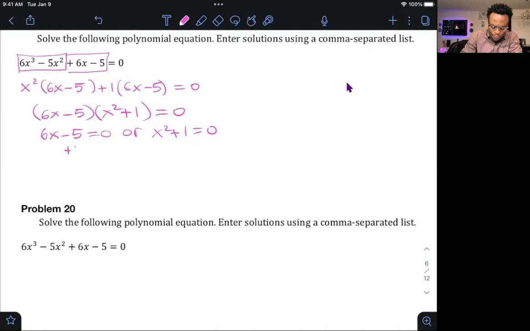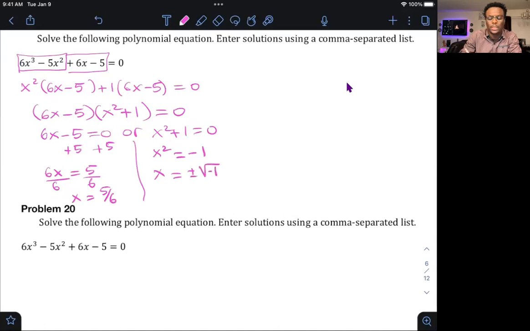So if you add 5 on both sides, 6x equals 5, and divide by 6, x equals 5 over 6. And then over here, x squared would be -1. If you take the square root of both sides, x equals plus or minus square root of -1.